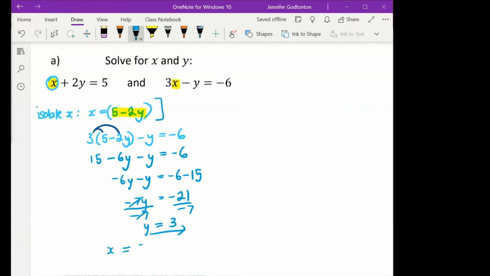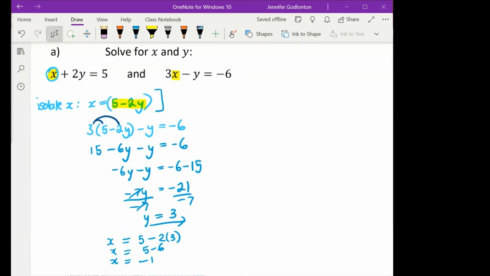So x is equal to 5 minus 2 times 3, which is 5 minus 6, which is negative 1. And that is my x value. Okay, so that is how we would do substitution in this type of question. And in these ones, substitution would be our easier one. Great, those of you who got it, I'm so proud of you.